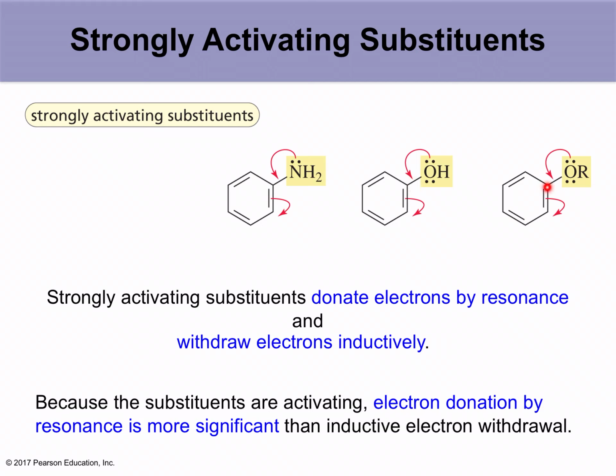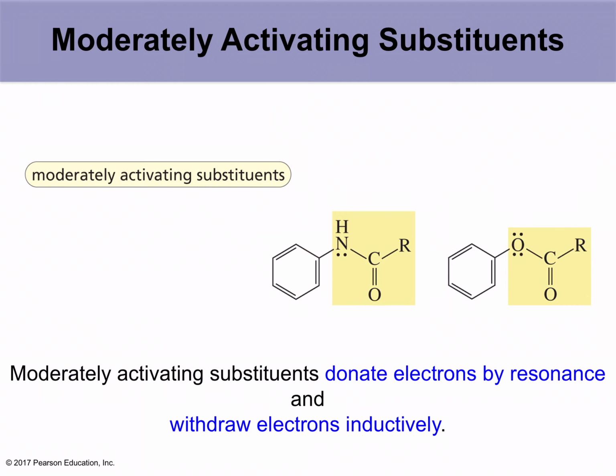But their resonance stabilization is greater than the withdrawal of electrons through the inductive effect. Because the substituents are activating, electron donation by resonance is more significant than the inductive electron withdrawal. So these are strongly activating substituents.